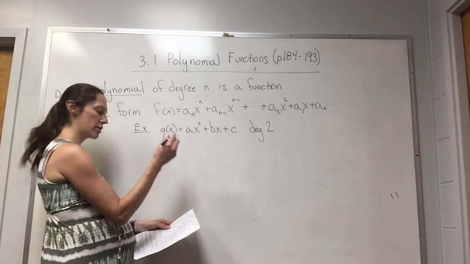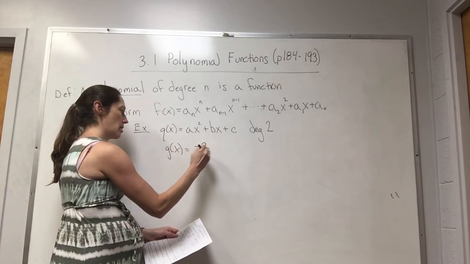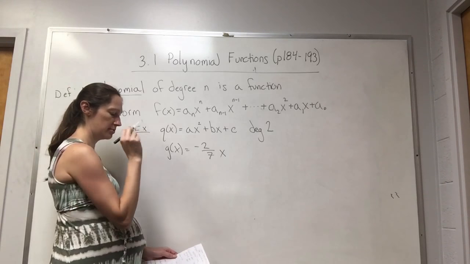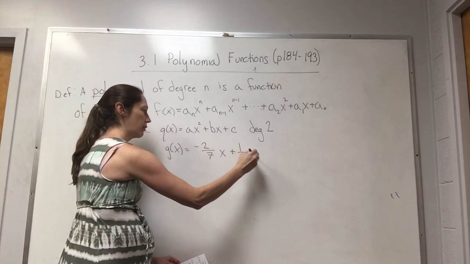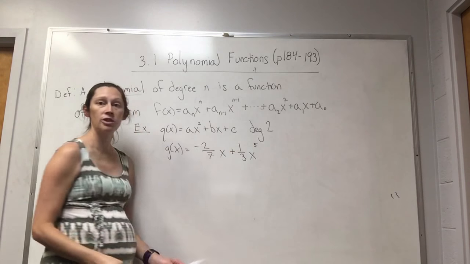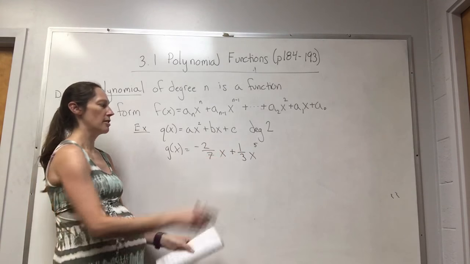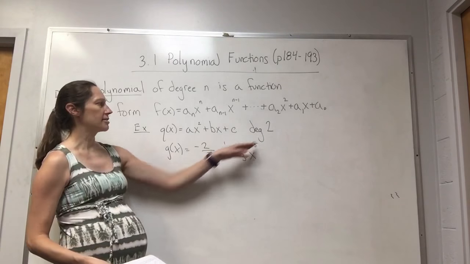Let's look at just a few more examples to know that they could take vastly different forms. So maybe we have a fractional coefficient times an x plus another fractional coefficient times x to a different power. It's okay to skip some of these powers, right? That's x to the first, if it's not written, the exponent's 1, and that's x to the fifth.